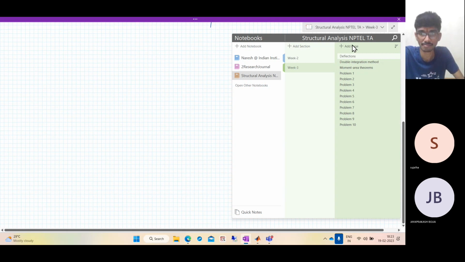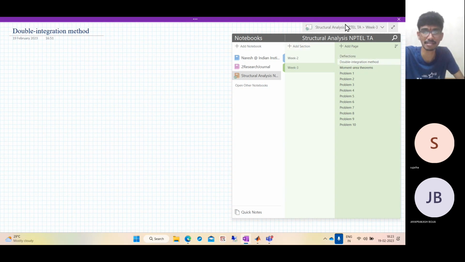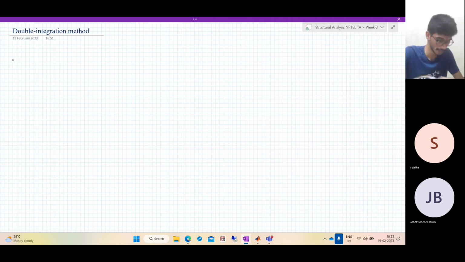We'll start with the double integration method. As you can recollect from your strength of materials, how do you start the beam theory? You consider a small section of the beam, of very small length, and you see how it deforms under an applied moment.